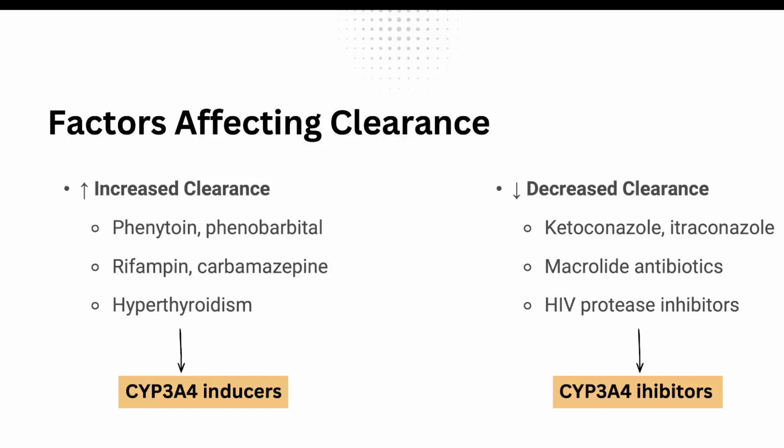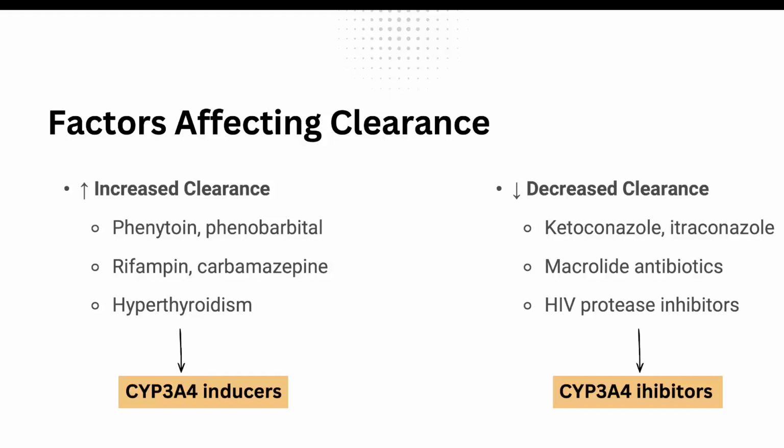Hyperthyroidism is a disease state. These induce the hepatic enzyme, increase the clearance, and decrease the blood concentration of the drug. Decreasing the blood concentration of the drug may lead to a subtherapeutic level.